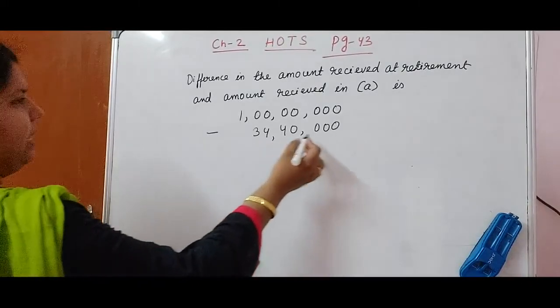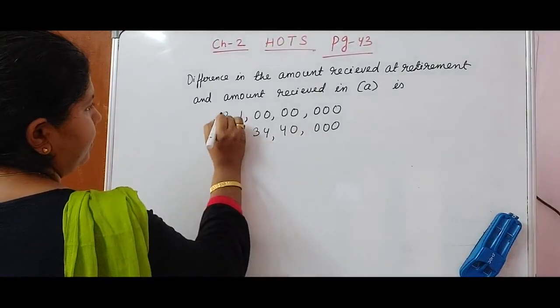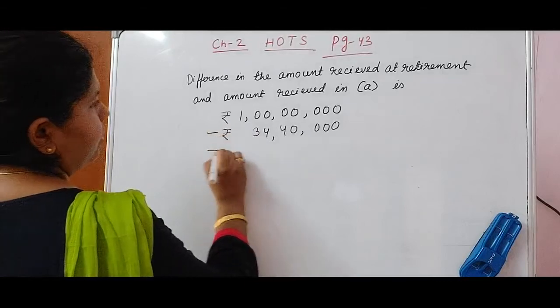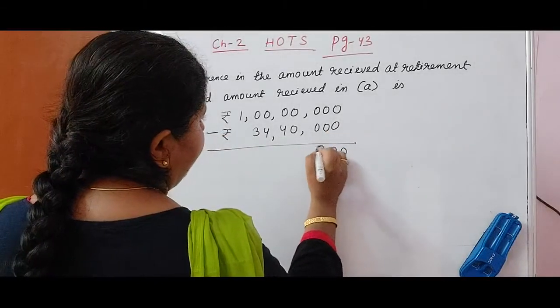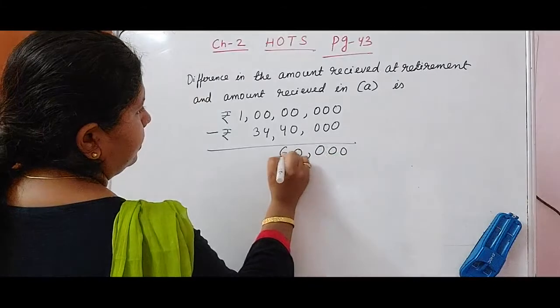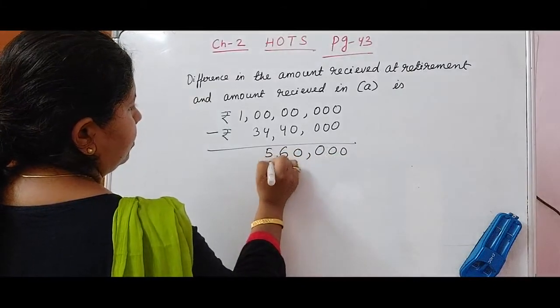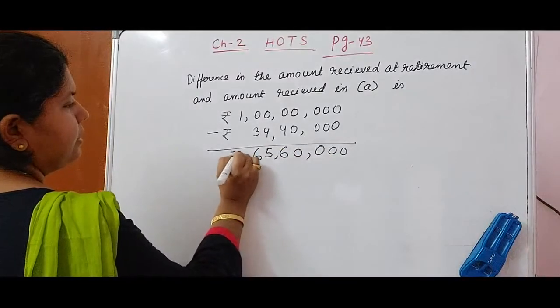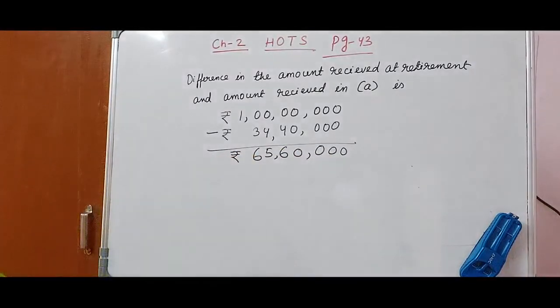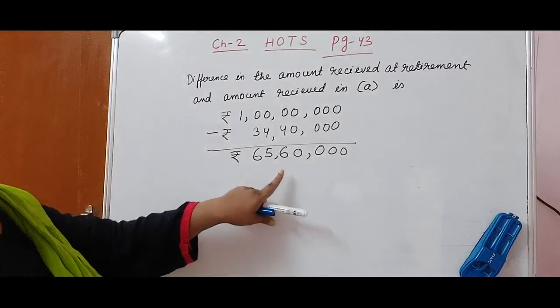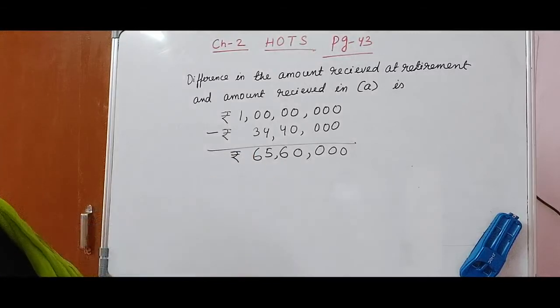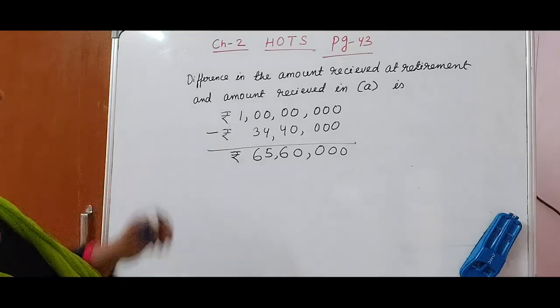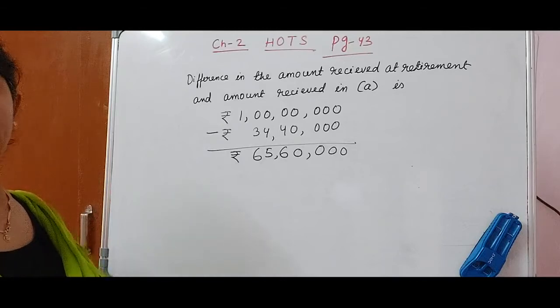Minus 34,40,000. This was the sum that we received in A. After subtraction we got the answer as 65,60,000. Okay, so this is the final amount, that is the difference in the amount that is received at retirement and the amount which is received in A.